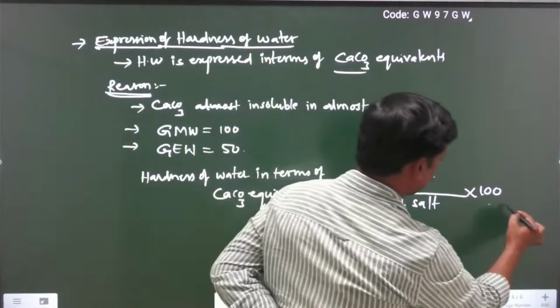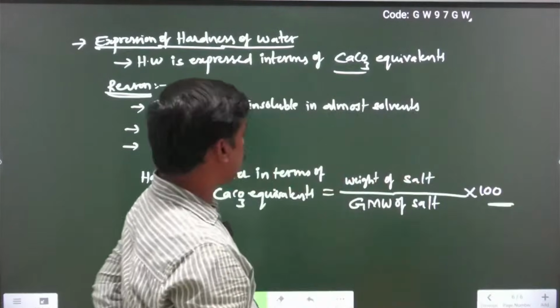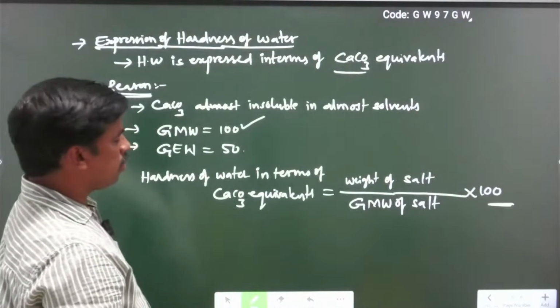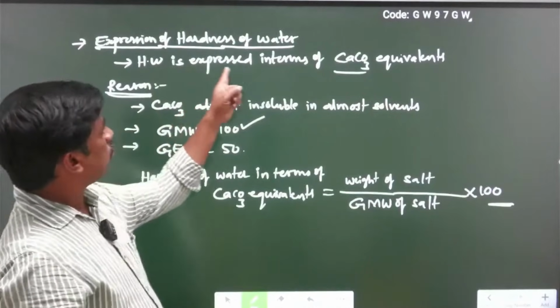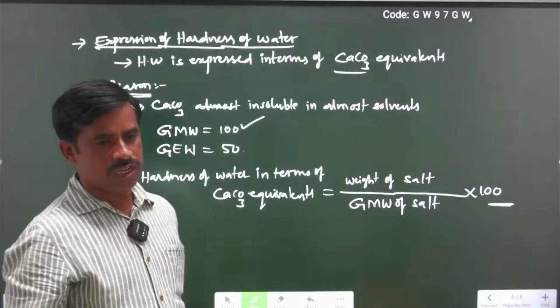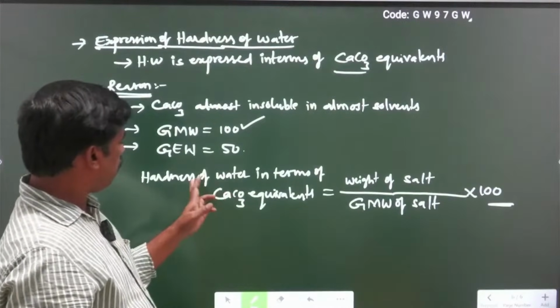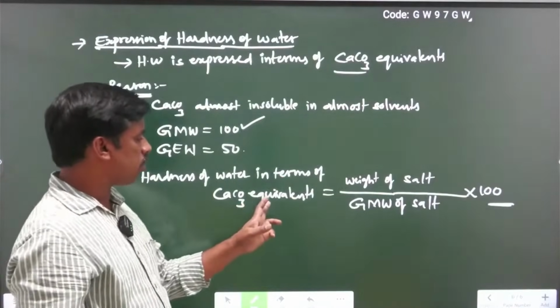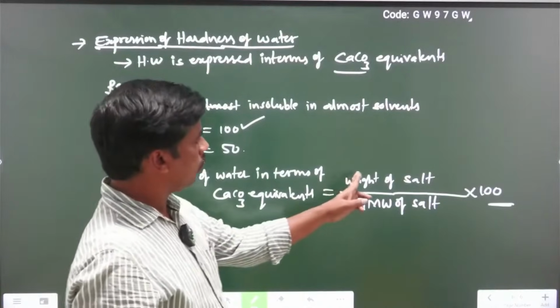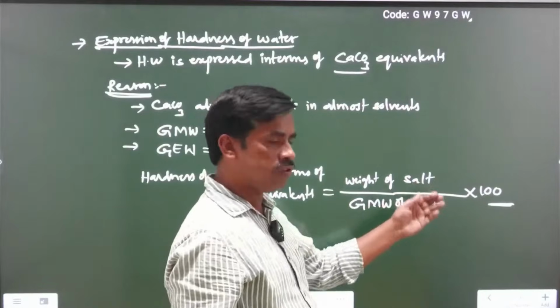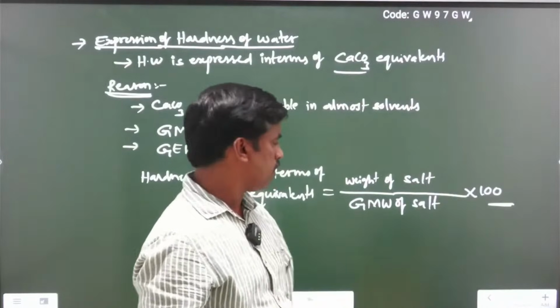What is this 100? This is the gram molecular weight of calcium carbonate. So hardness of water in terms of calcium carbonate equivalents is equal to weight of dissolving salt divided by gram molecular weight of dissolving salt, into 100.